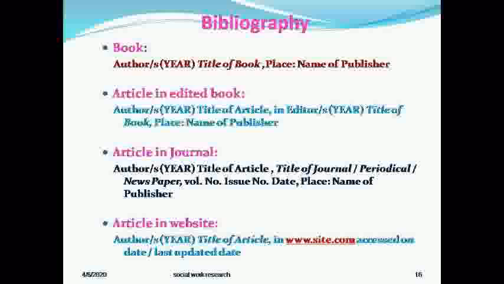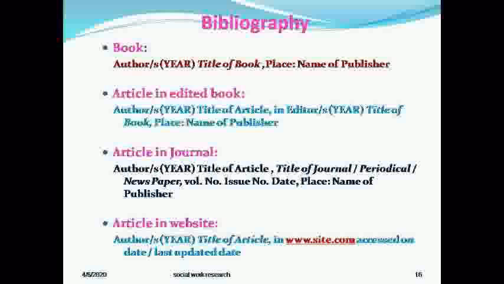This is called APA format, American Psychological Association. This is widely used, and this is the most popular format used all over the world. You may check any textbook from the library and you will find the bibliography section presented in this format.